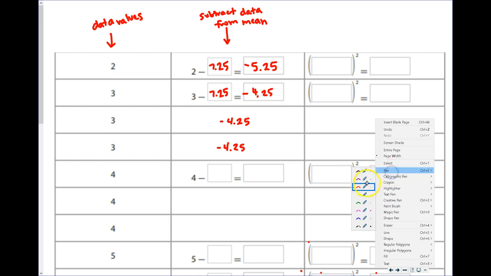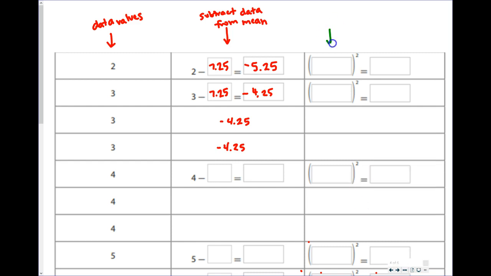The next step is you're going to take the square root of those values, which is really strange. Okay, so I've got this negative 5.25. I'm not going to take the square root, I'm going to square it. Sorry. We're going to square that value.